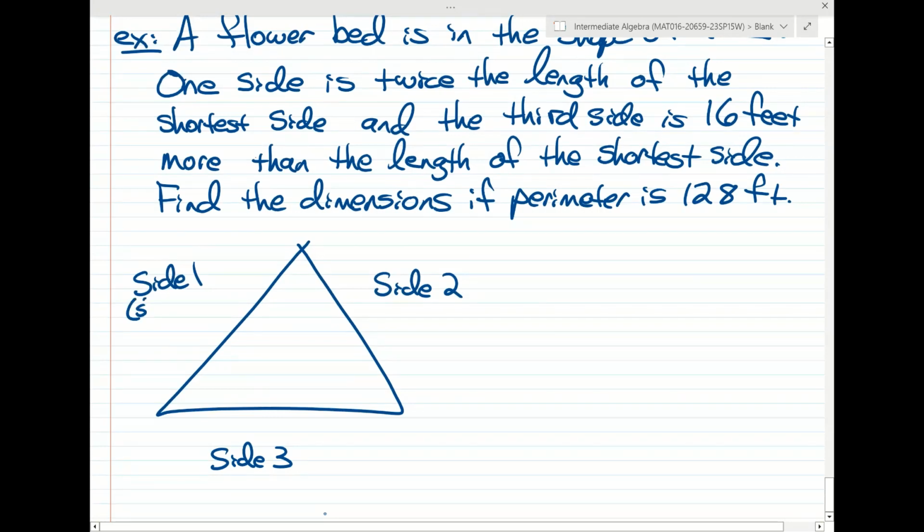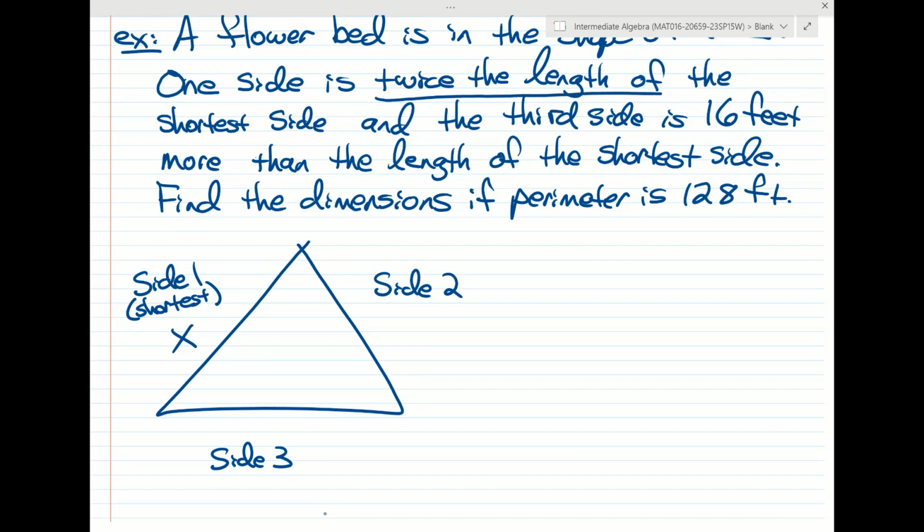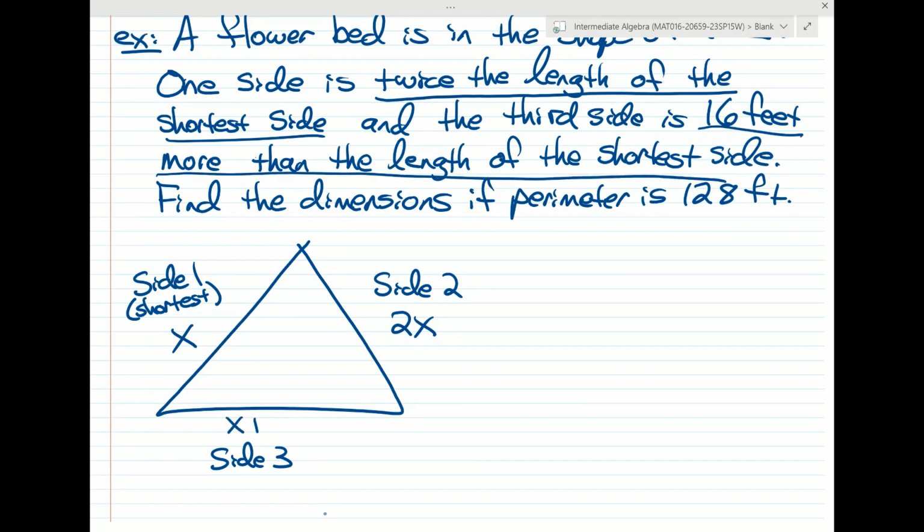Side 1 will be the shortest, and we'll just call that X. The other side is twice the length of the shortest side. So if the shortest is X, the other side is 2X, right? The third side is 16 feet more than the length of the shortest side. So 16 feet more than the shortest would just be X plus 16.